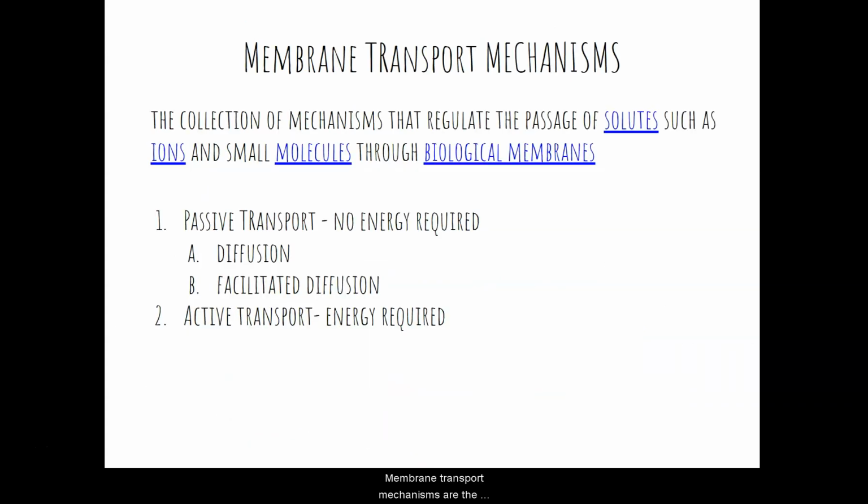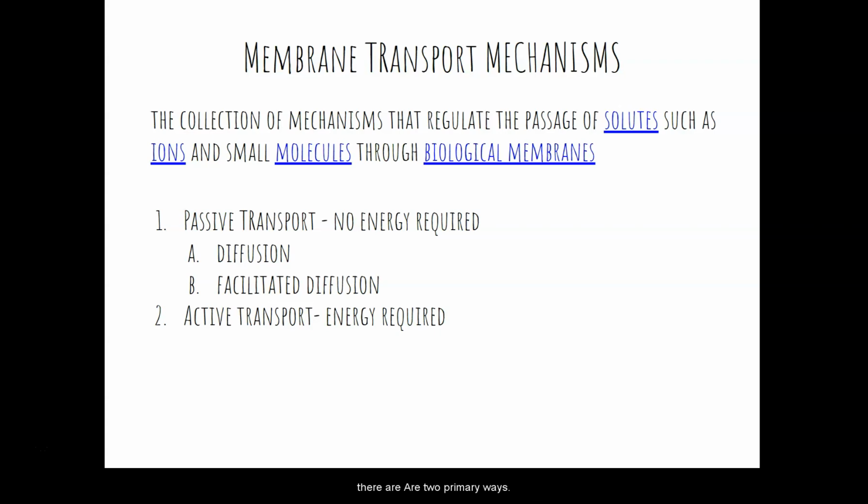Membrane transport mechanisms are the collection of mechanisms that regulate the movement of solutes like ions or molecules through biological membranes. There are two major categories of membrane transport, depending on whether or not you need to input energy. Passive transport is the movement of molecules where there is no input of ATP or energy.